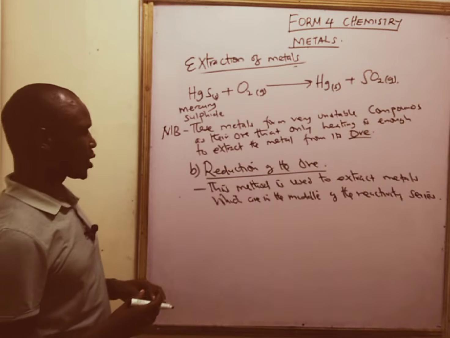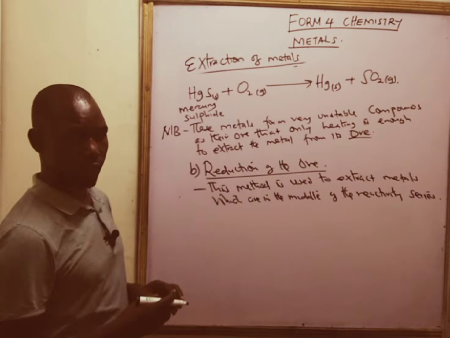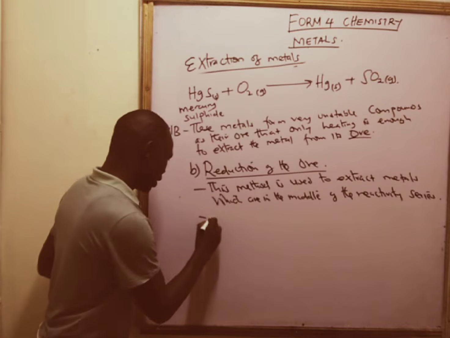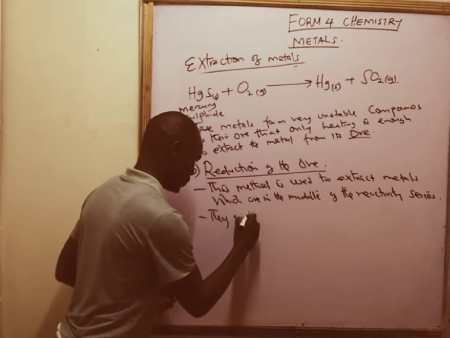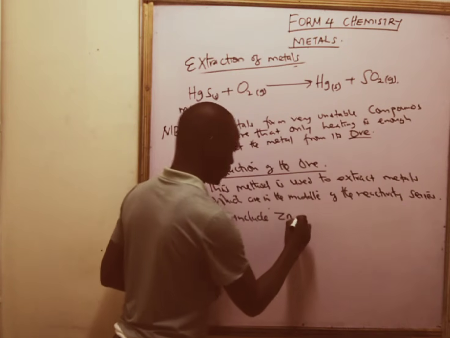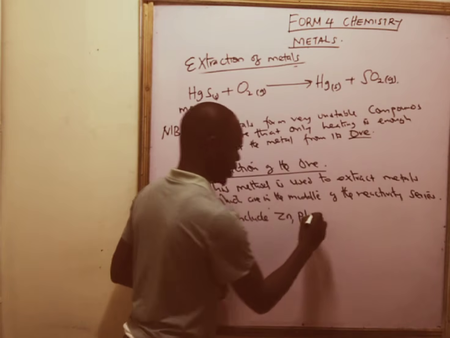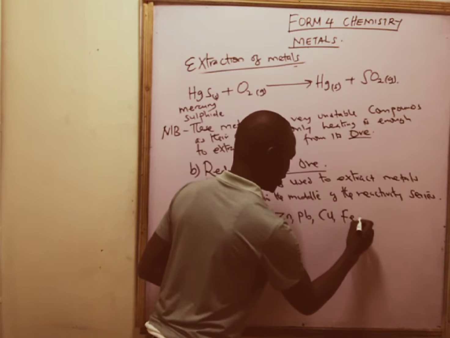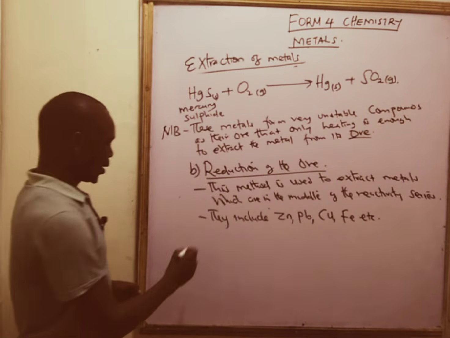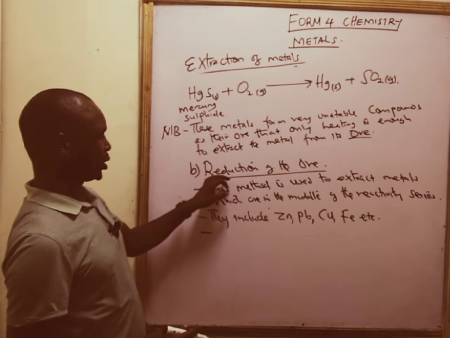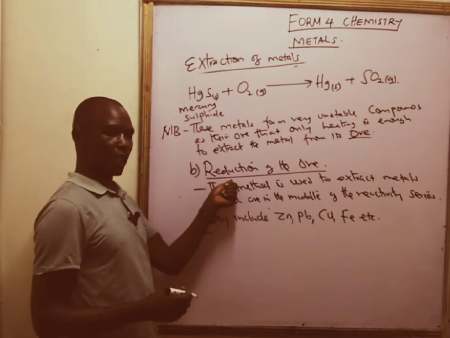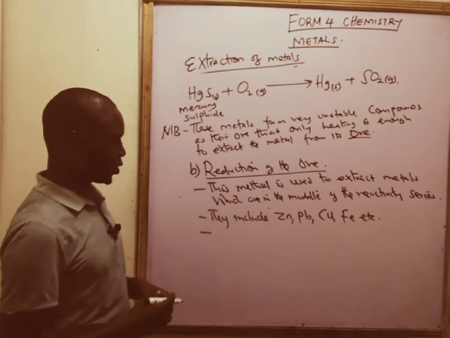Remember, elements that lie in the middle of the reactivity series react moderately. These elements include zinc, lead, copper, iron, etc. The method of extraction is reduction, and therefore during the reduction process we use reducing agents.